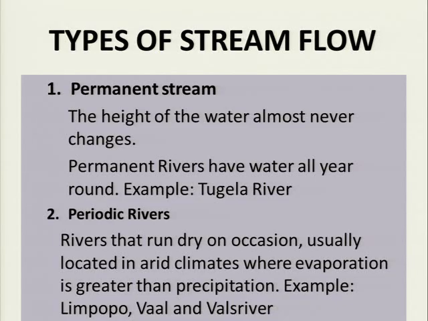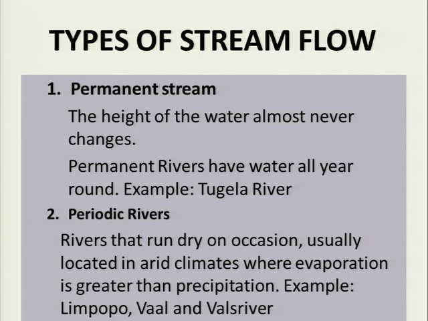So the river has a constant water flow throughout the year. It doesn't change by season. It doesn't change whether it rains a lot or not. It stays the same throughout the year. And you will see an example, as I told you, is the Tugela River in South Africa. That is a river that we get in KwaZulu-Natal.